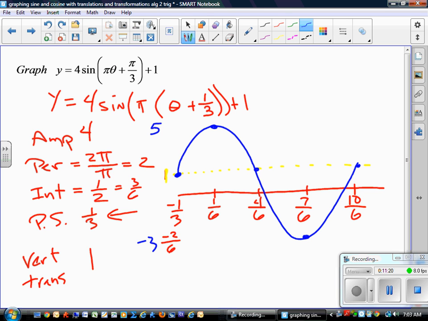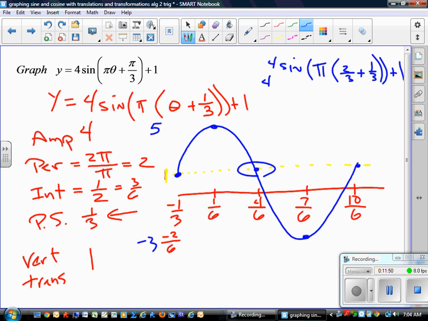I'm going to check a point just for kicks. Let's check 4/6. All right. So 4/6, which is 2/3, I have 4 sine. So once again, we're checking this point. 4 sine of pi times 2/3 plus 1/3, plus 1.